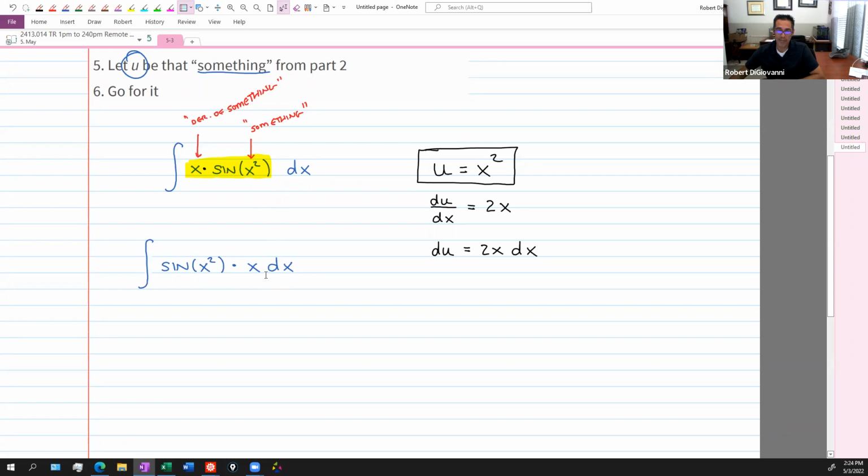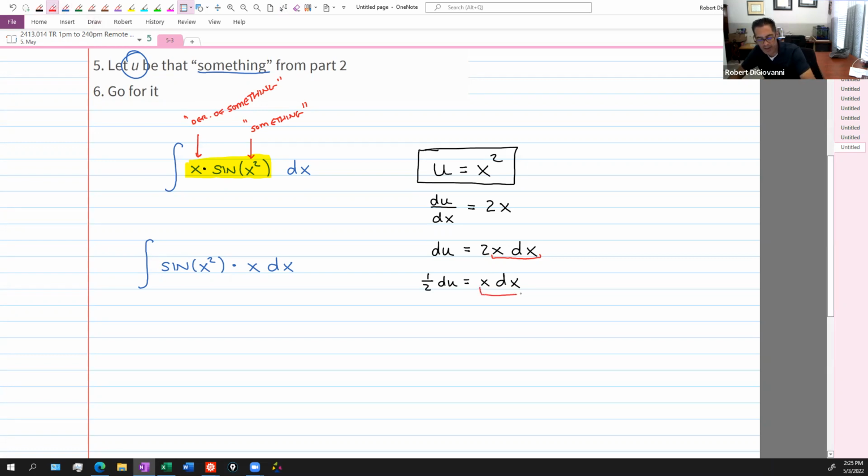Right? And now I'm going to play a matching game. I'm going to look and see over here in this equation, I have x dx right there. Do you see that x dx right there? Well, I can solve this equation for x dx if I divide both sides by 2 or multiply by a half. So I'm going to do half of du equals x dx.